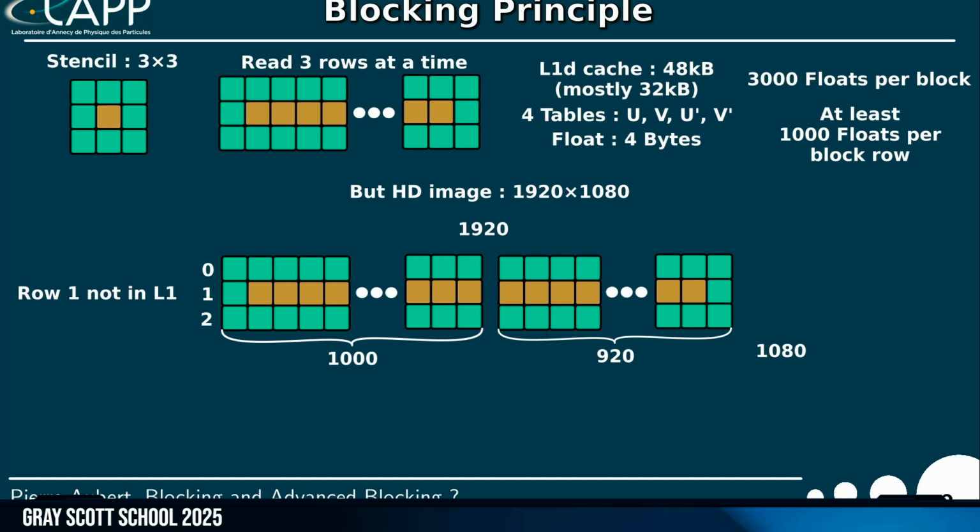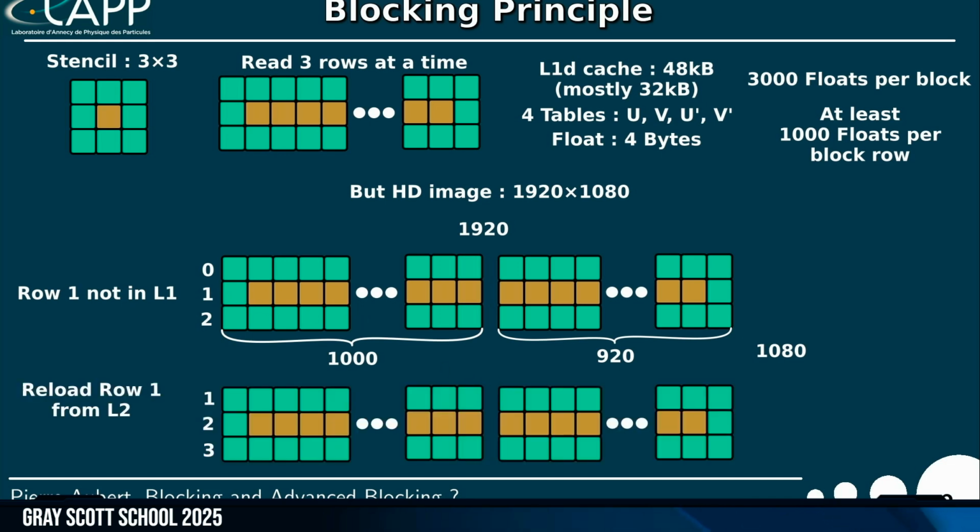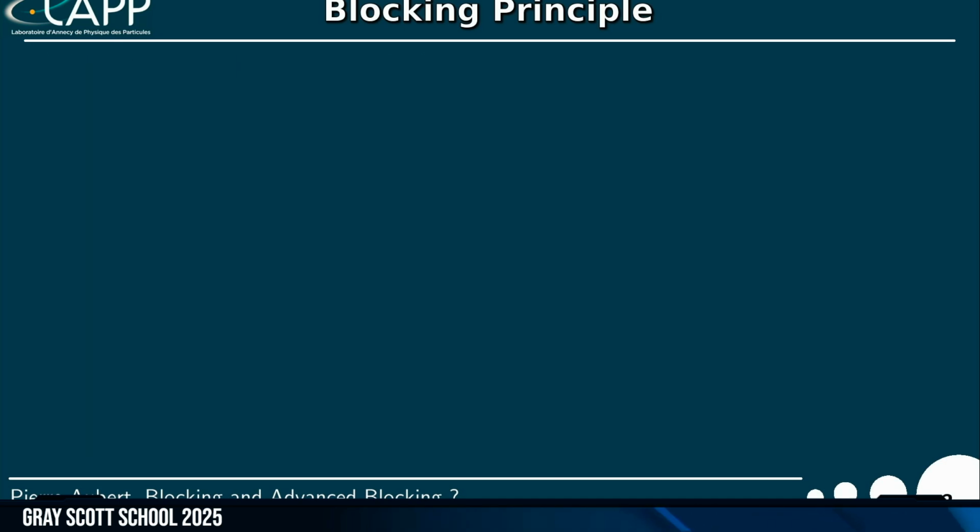And once we reach the end of the first line, we don't have this part anymore in the cache. As Adrien explained yesterday, we keep the last value, but not the old one. So the old one disappeared, and we have to reload them into the cache. So we have to reload everything from the cache L2. So it's quite a bit more costly.